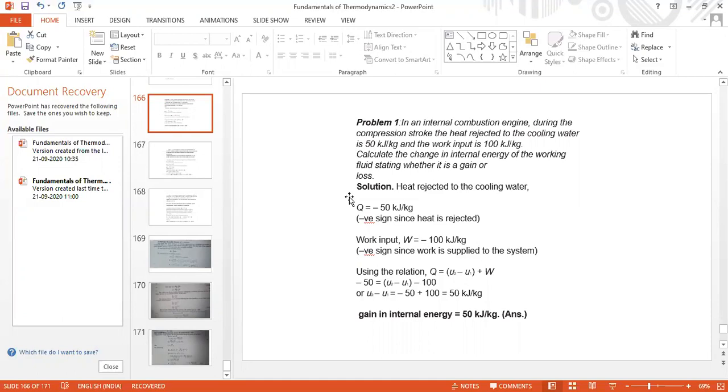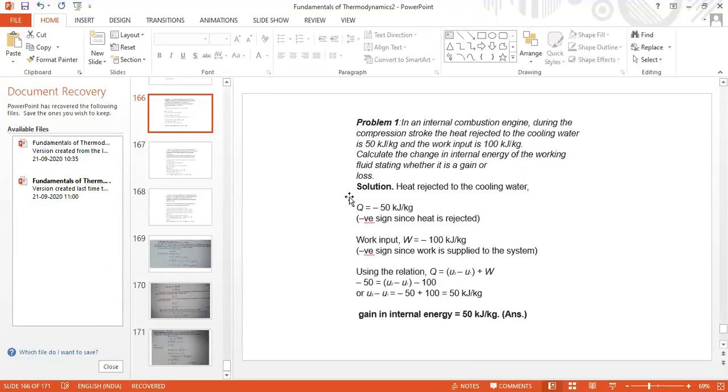In these, there will be a cylinder and inside a piston, and the petrol that is injected into the cylinder ignites, and heat will be released, and that heat is utilized to move the piston. And this piston is connected to the crankshaft, and the power from the crankshaft is utilized for propelling our vehicles.